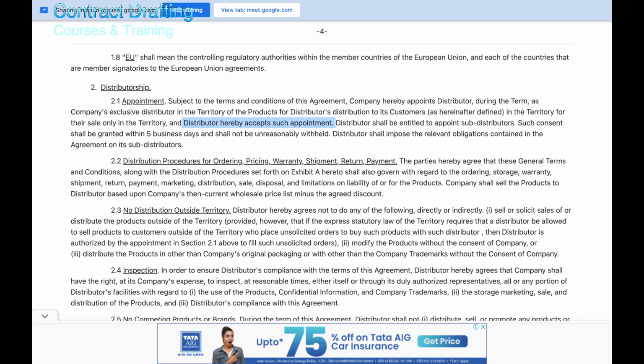So these conditions create an obligation, and distributor, by saying that he hereby agrees not to do these things, is assuming an obligation.